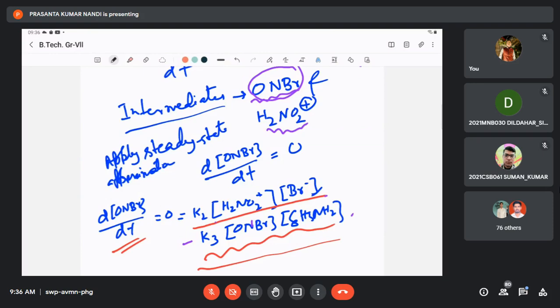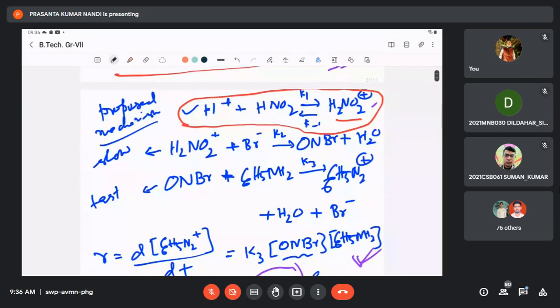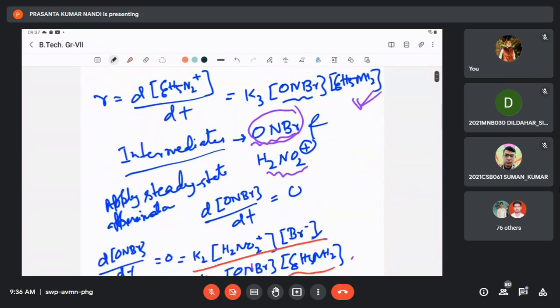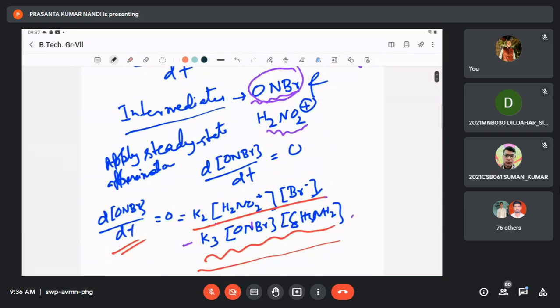ONBr, that is nitrosyl bromide, is produced in the second step, followed by decomposition in the subsequent step, that is the third step. So the rate of formation of ONBr in general is k2[H2NO2+][Br-] minus the last step, the decomposition.